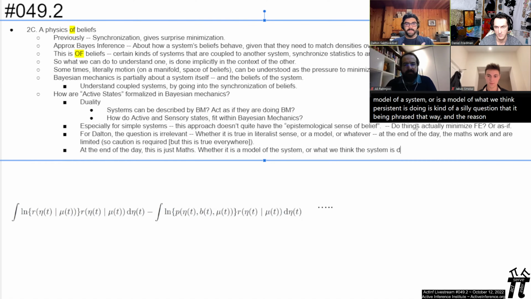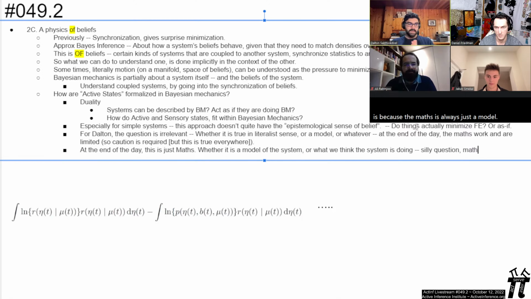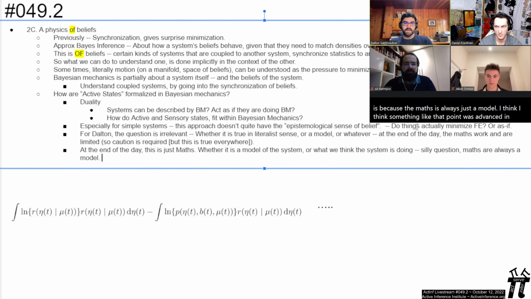The reason is that the maths is always just a model. I think something like that point was advanced in a paper by Mel Andrews, where it's said that the FEP is just a model of a system, and whether the model is any good or not is strictly separate from whether the model is true or not.